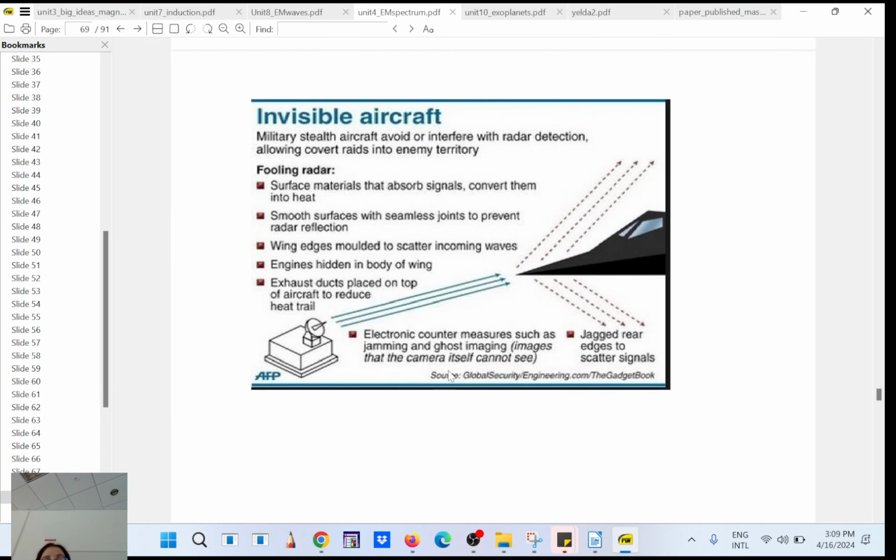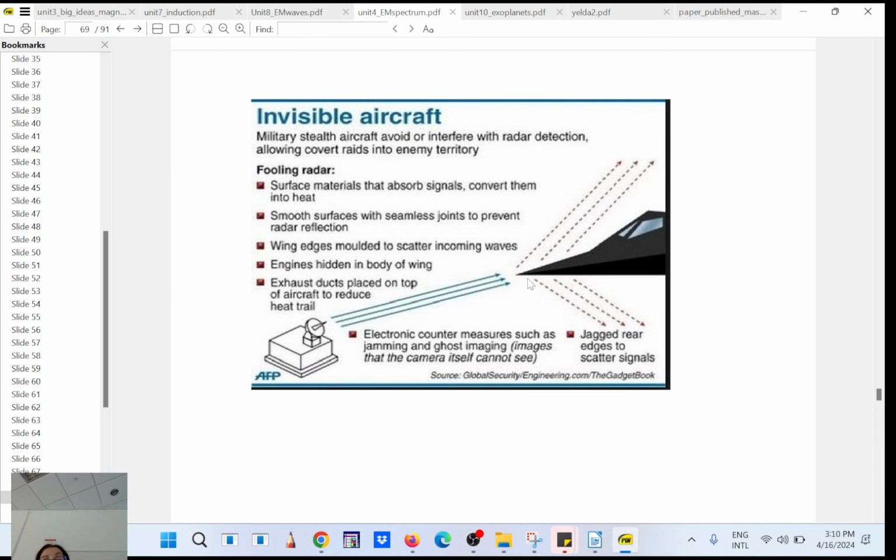Okay, so it's the same idea, it's bouncing off. Now in the military, they have developed a technique called stealth technology, because they don't want to be seen by radar. So they will make their plane very weird looking with sharp angles like that. That way the wave doesn't bounce back in the same direction.